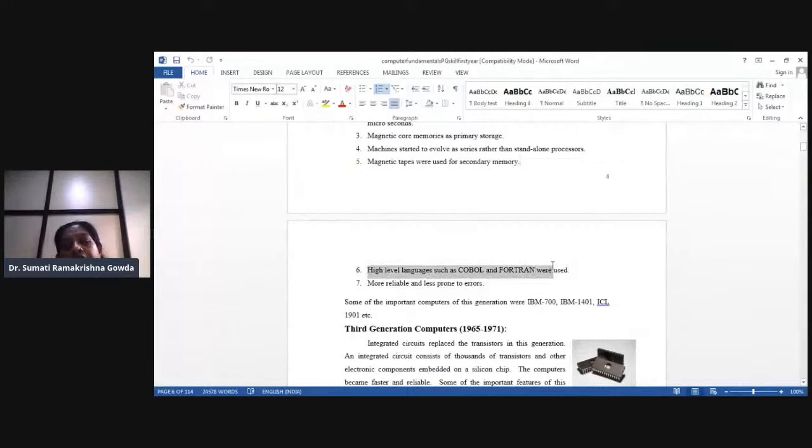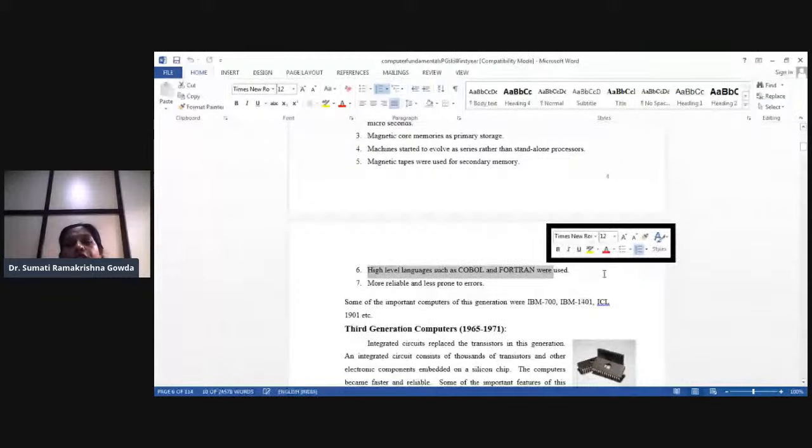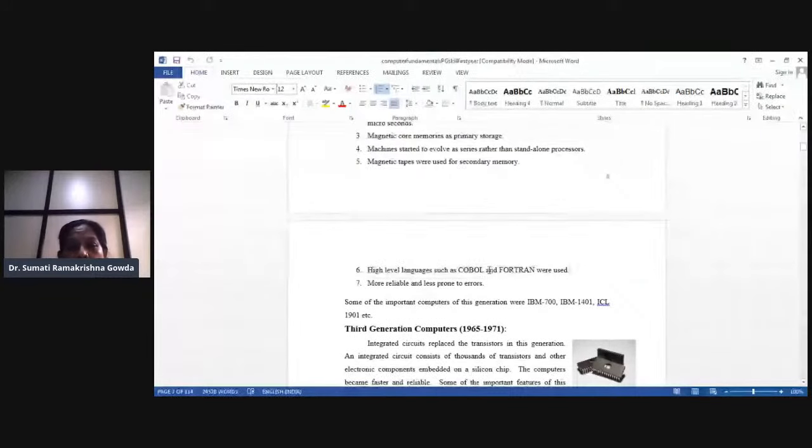COBOL expansion is Common Business Oriented Language. Fortran expansion is Formula Translation. These are the first high level languages. So it is more reliable and less prone to errors.